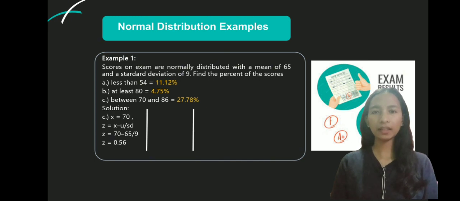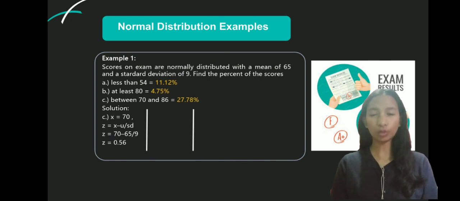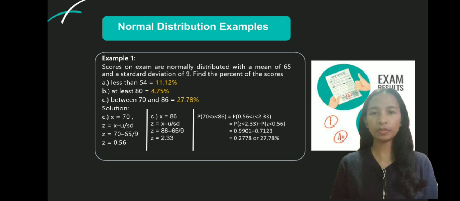We want to find the percentage of scores that are between 70 and 86. To calculate this, we first find the z-scores for the given values. For 70, the z-score is equal to 0.56. For 86, the z-score is 2.33. Next, we use the standard normal table to find the cumulative probabilities associated with these z-scores.